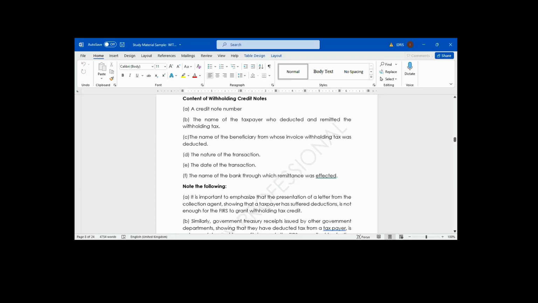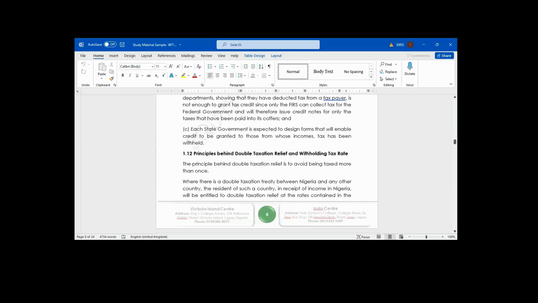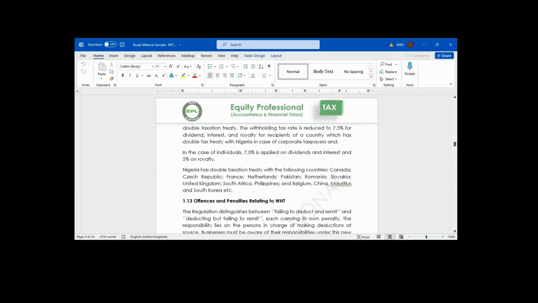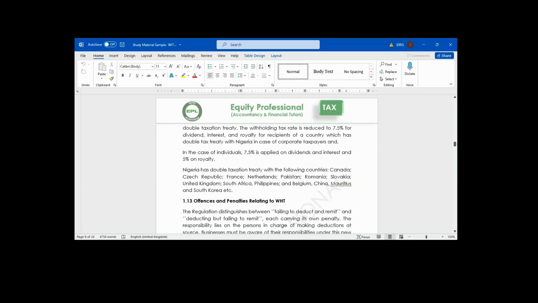Another one we have is the name of the bank through which remittance was effected. So this is the content of a withholding tax credit note.